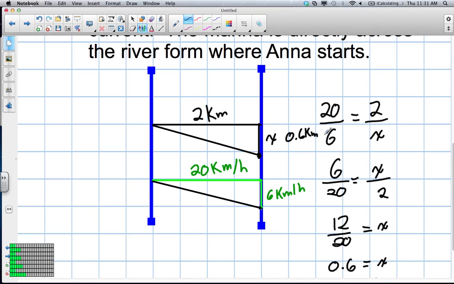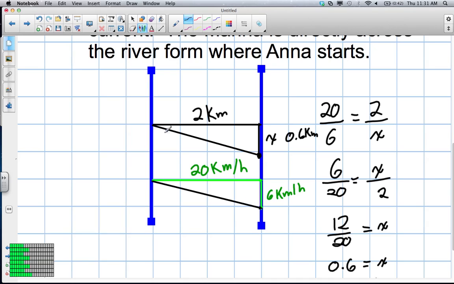Okay? The second question is, how long will it take for the boat to cross the river? Well, again, we're working with our triangles. We're going to work with our distance and refer to the speed she travels at. So we go on the assumption that she can travel at 20 kilometers an hour.